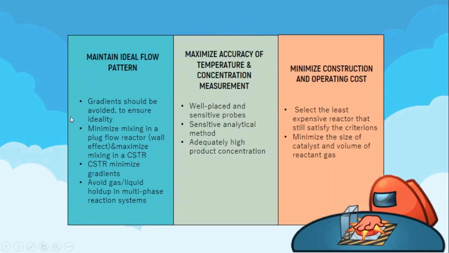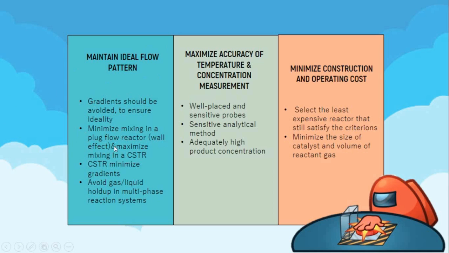The fifth criteria is to be able to maintain ideal flow pattern. To ensure ideality, gradients should be avoided. In order to do this, we should minimize mixing in a plug flow reactor since it will create a wall effect in which the catalyst and reactant particles will bump into the wall of the reactor, creating energy and heat.